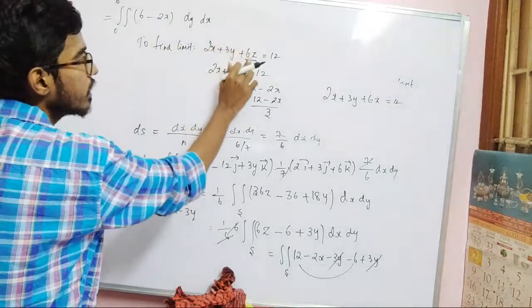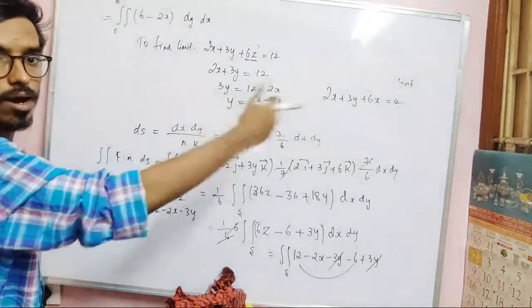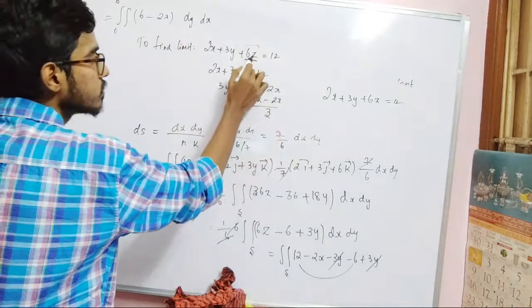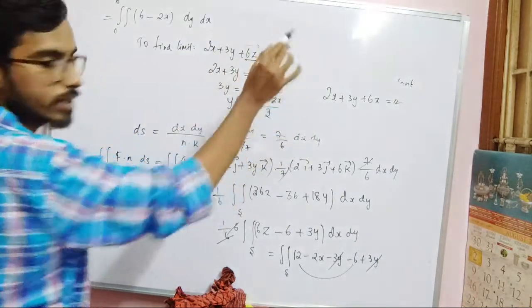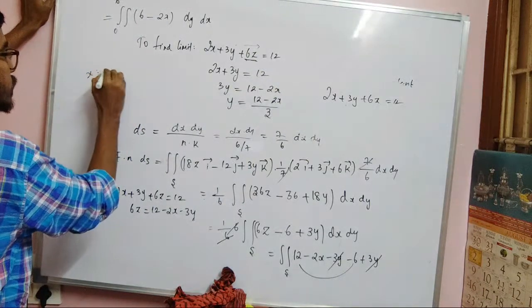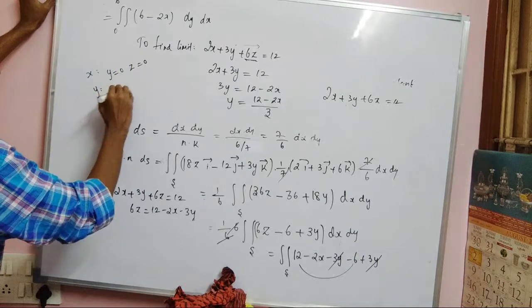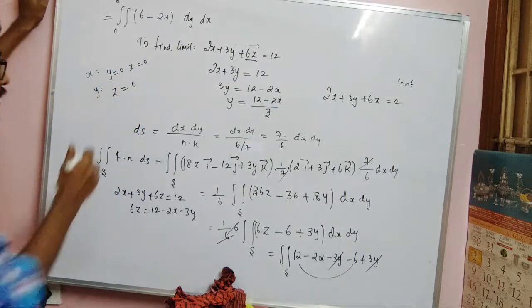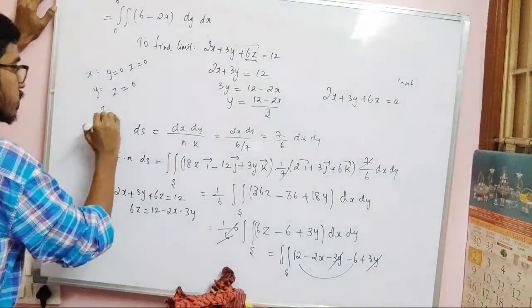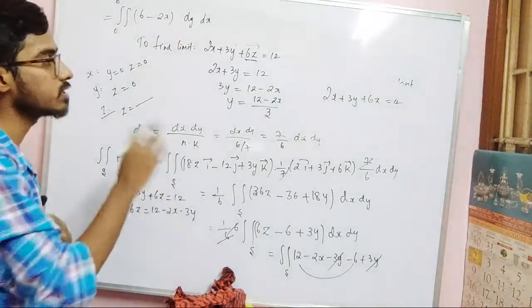Suppose you want to find the z limit, there is no next variable next to z. So 6z is equal to 12 minus 2x minus 3y. Again the shortcut: to find the x limit, put y is equal to 0, z is equal to 0. To find the y limit, put z is equal to 0. And to find the z limit, you just transform everything in terms of z from this equation.